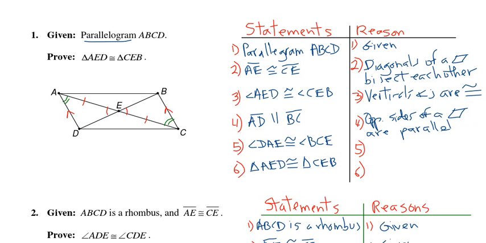And then because I have these parallel lines, I get from those parallel lines the alternate interior angles. The ones that I'm using here, it's DAE congruent to VCE. That's because alternate interior angles are congruent.